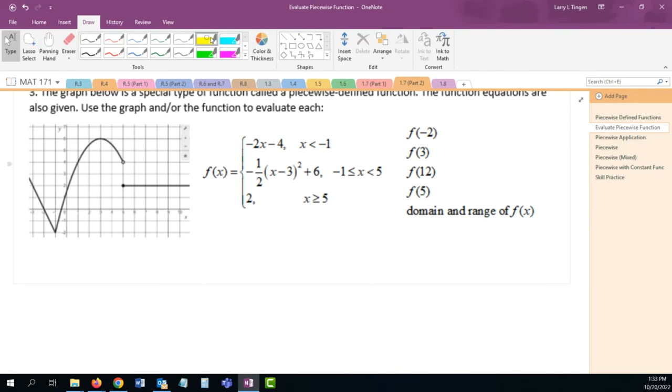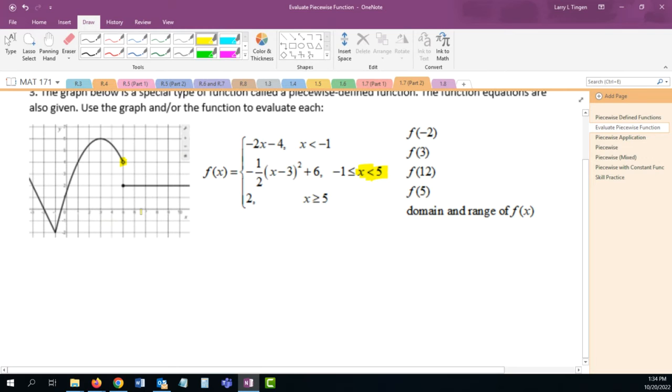Now, take a look at this. When x is less than 5, that means including -1, but not including 5. 5 is actually down here. So how do I represent x is less than 5 without actually putting something on 5? I use that open circle. Exactly.